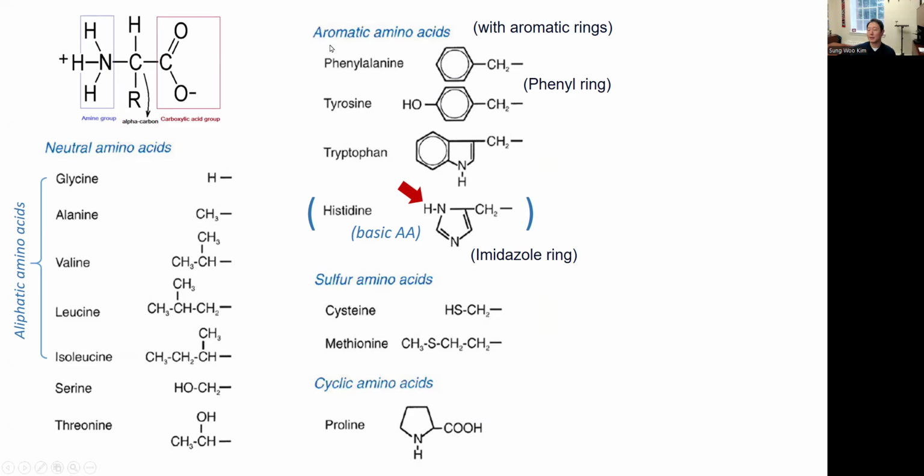We call them together aromatic amino acids, because they have aromatic rings, like benzene or a phenyl ring. Those are phenylalanine. It looks like alanine, but with the aromatic ring.